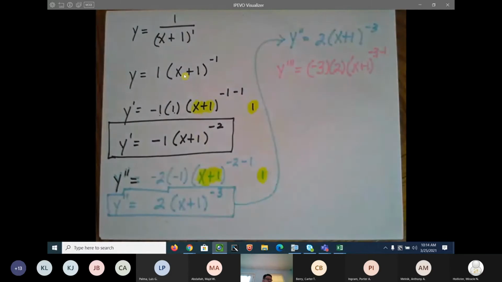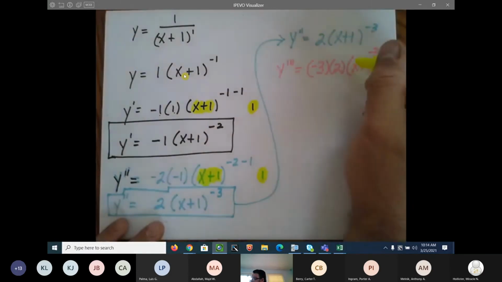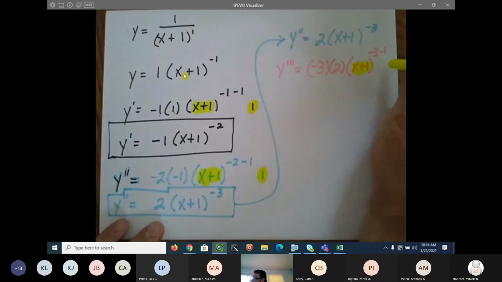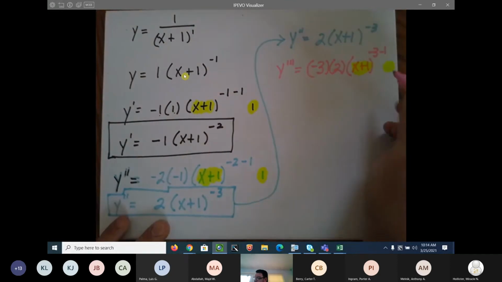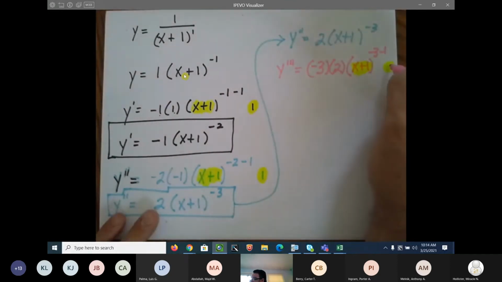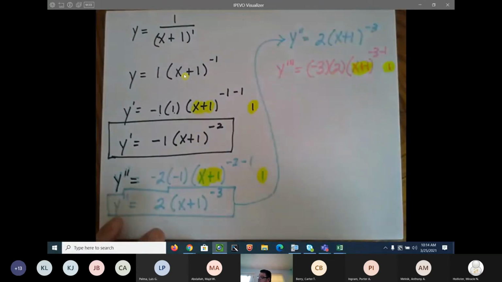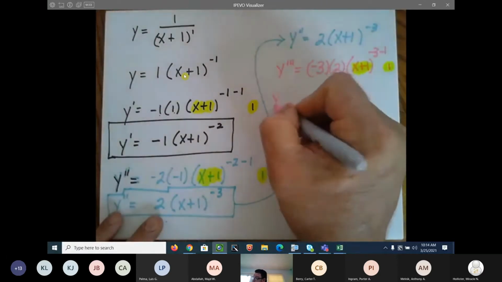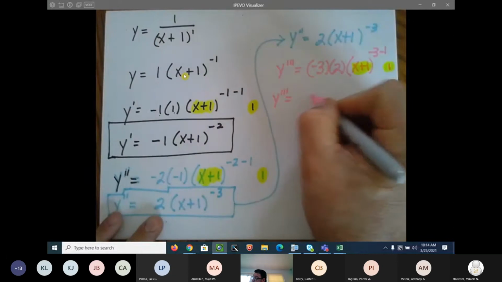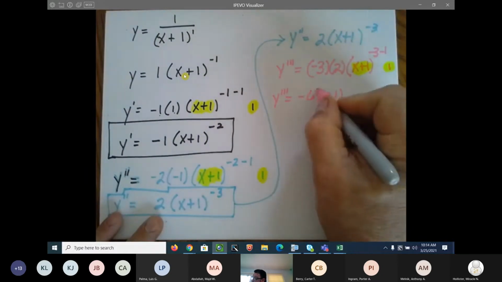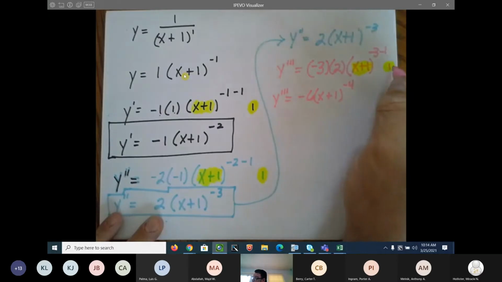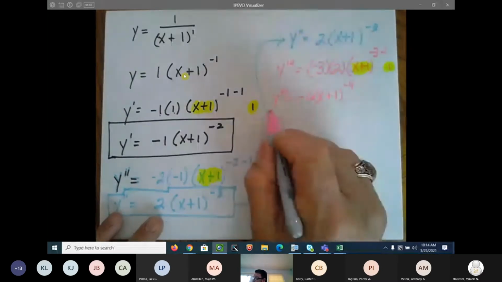Every time I do the chain rule, you're going to see me highlight this and get the derivative right there, because that is the chain rule. You take that out of the chain rule, all you've got is the power rule. That's a 1. So y triple prime is equal to negative 6 times x plus 1 to the negative 4th power. And 1 times negative 6 is negative 6.